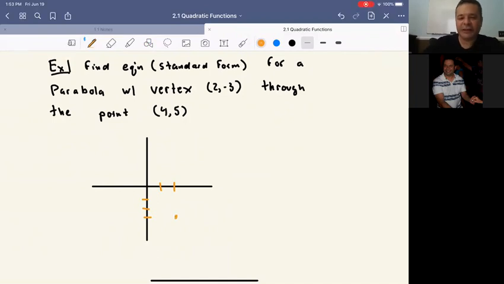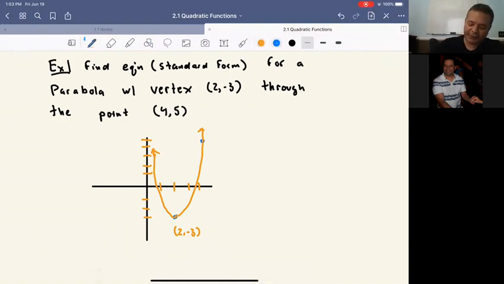There's our vertex, 2 comma negative 3, and 4 comma 5 is up here. We expect our parabola to look something like so, so we expect a to be greater than 0.